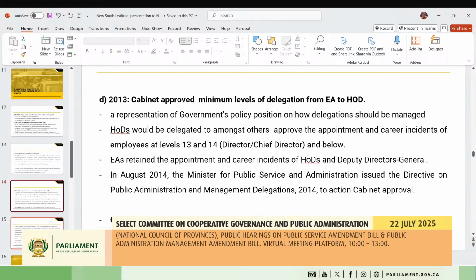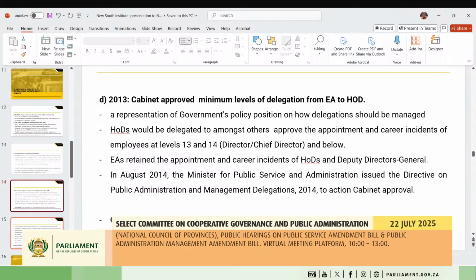Then we had what is called the cabinet approved minimum levels of delegations from EAs to HODs. This was, I think, in order to bridge the gap from the fact that the Public Service Act gave those delegations directly to the executive authorities.